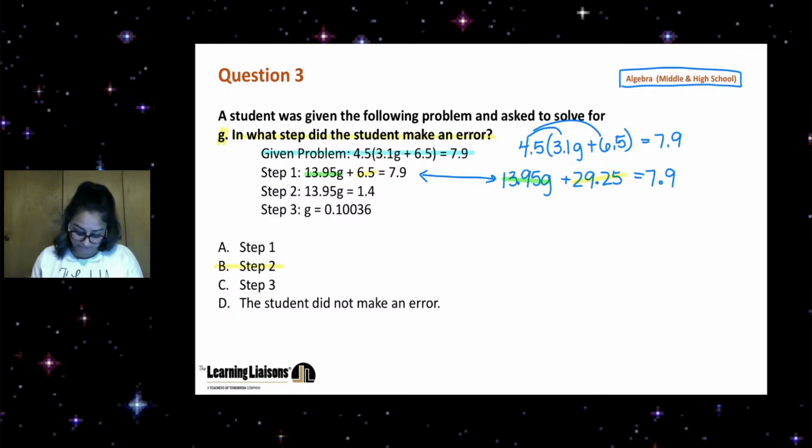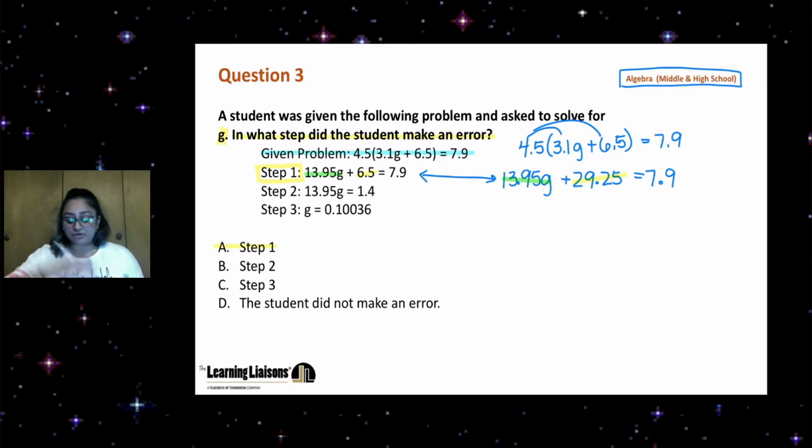Step 1 is where they made their error. It's the second line, but it doesn't mean it's step 2. Step 1 is where they made their error.